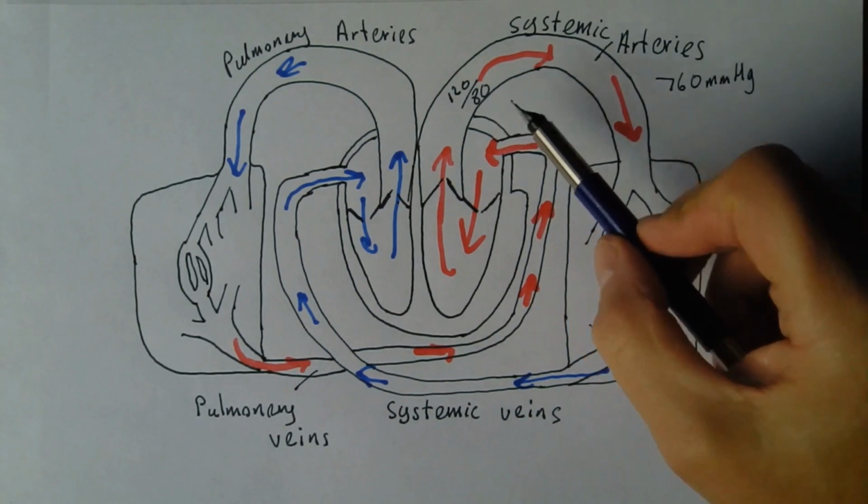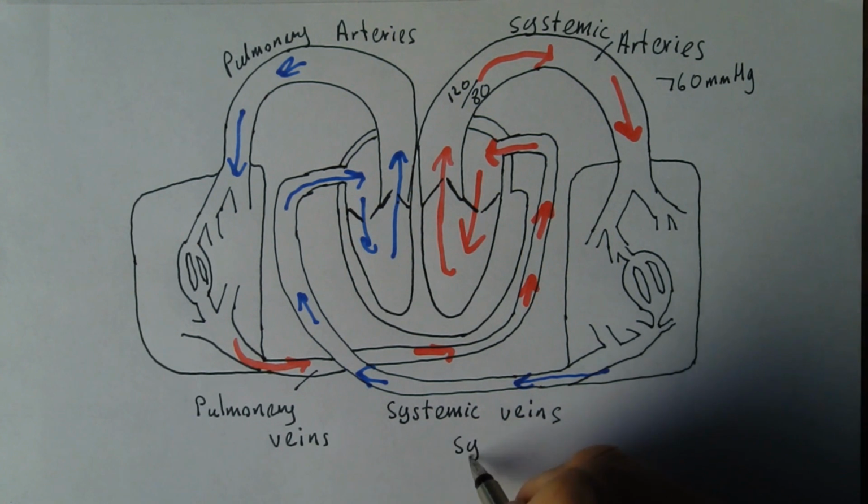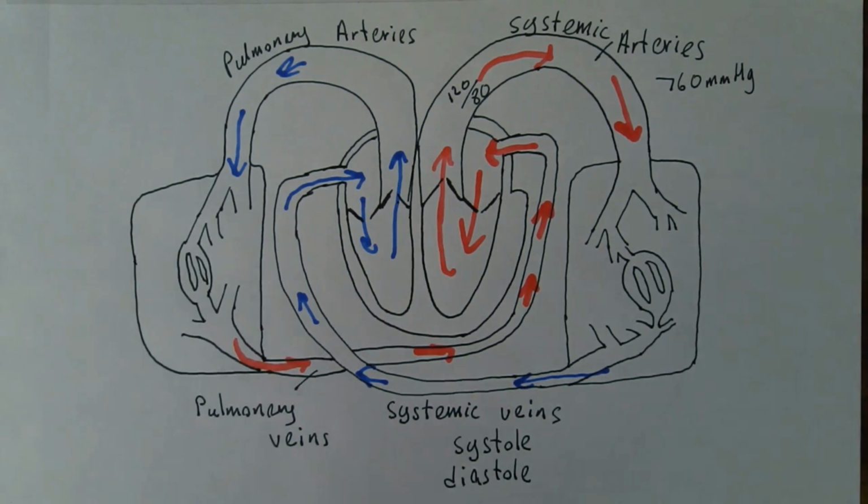And we notice there's two pressures, 120/80, and that's because there's systole and diastole.